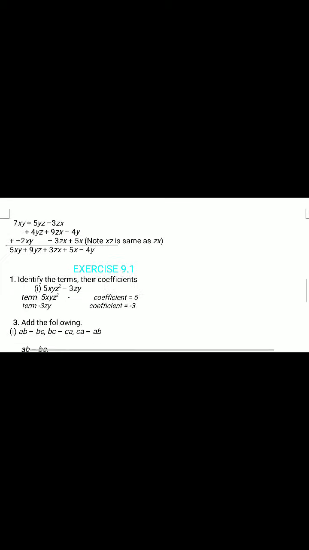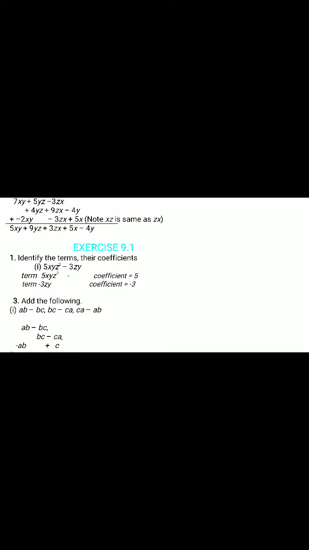Thus we get 9zx minus 6zx, which gives plus 3zx. And 5x remains as it is, minus 4y remains as it is, because these are unlike terms. So this is the sum of these expressions.